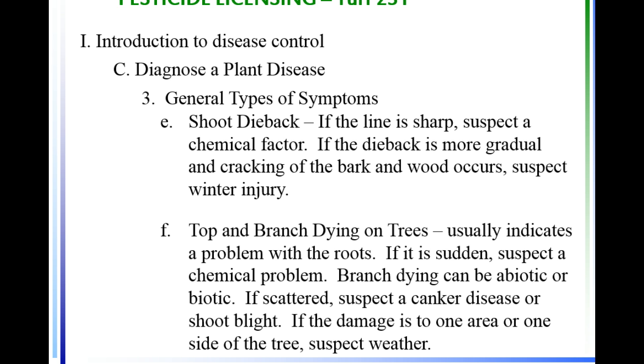If the branches dying are scattered, then you might suspect a canker disease or shoot blight. And if the damage is to one area or one side of the tree, you can suspect weather, but you can also suspect chemicals if they were applied on one side. Because I've had issues with that where the chemical was applied on one lawn and not on the other lawn next door, and that half of the tree had damage. So you want to make sure that you look at all the situations involved with that.